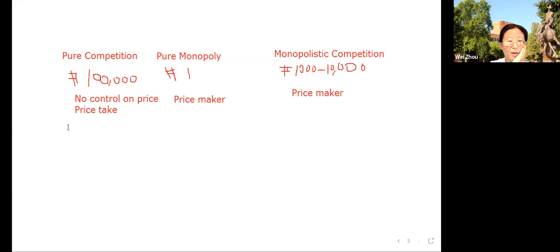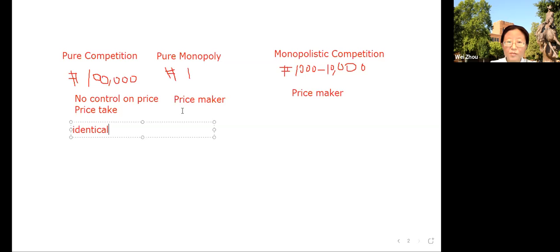Next one, let's talk about the things they produce, okay? For pure competition, you produce an identical thing. The rice you farm, the wheat you produce on your farm is not too different from your neighbor's wheat.